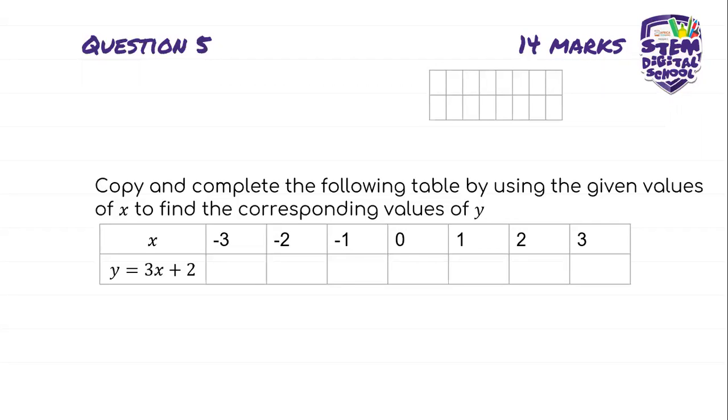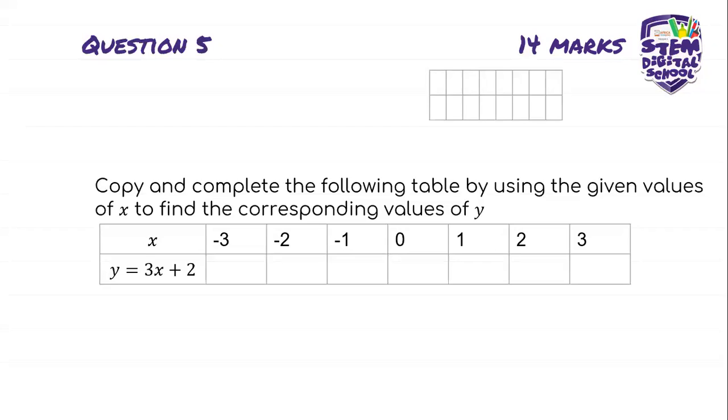Remember, the 3 is positive, by the way. So you'll have negative 9 plus 2. And this will be equal to negative 7. Just check your sign. It will be negative 7. Double check your sign.